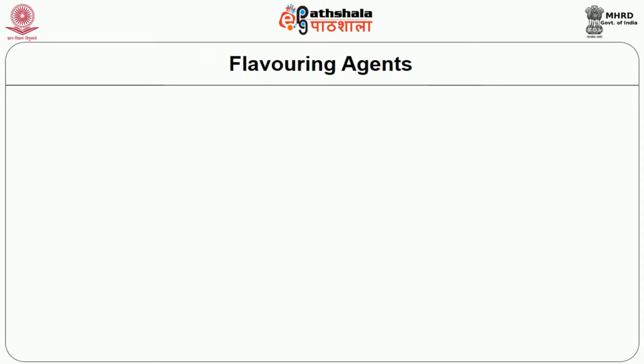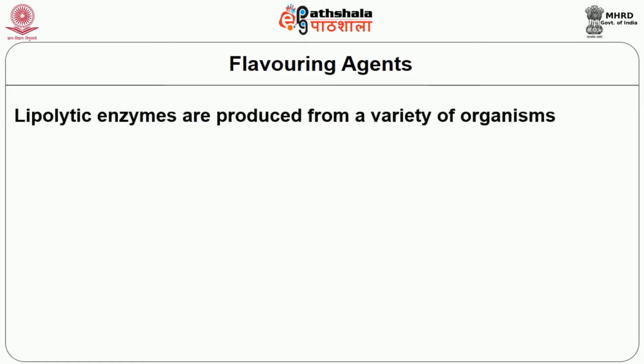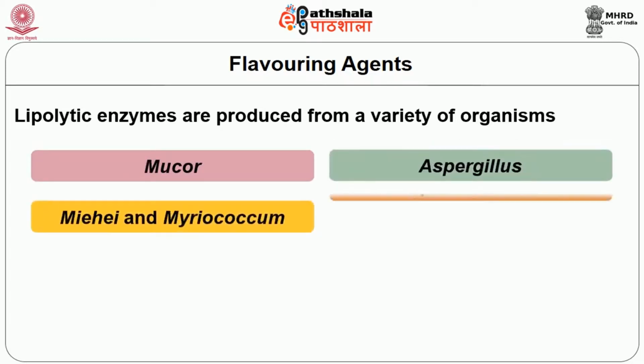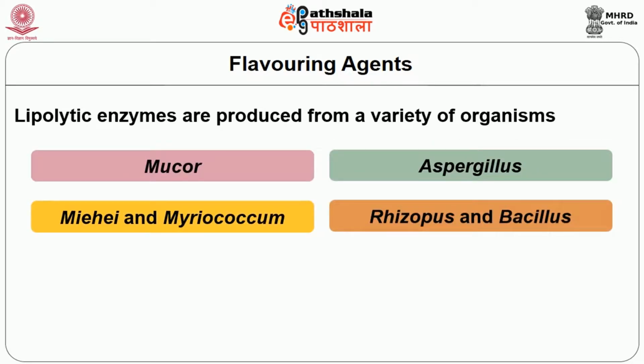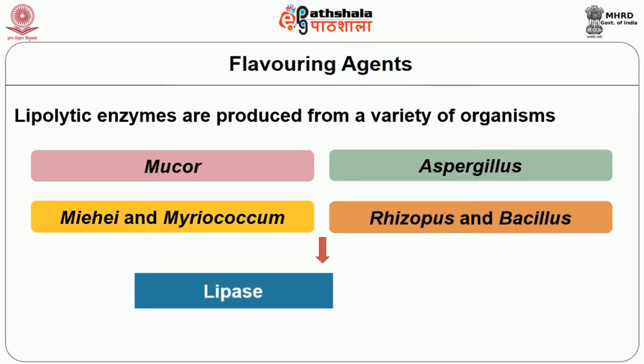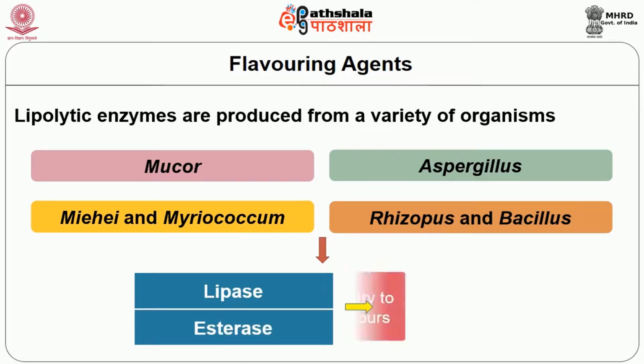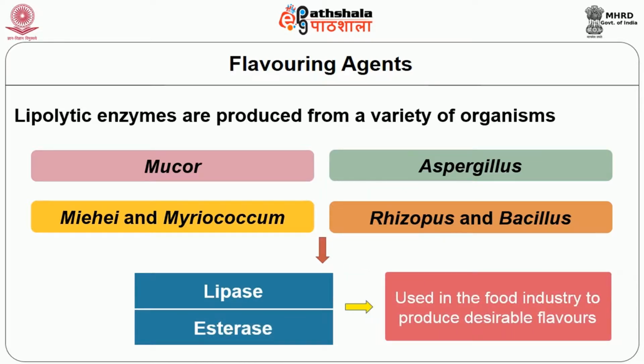products. Flavoring agents, that is lipolytic enzymes, are produced from a variety of organisms including Mucor miehei and Mucor pusillus, Aspergillus, Rhizopus and Bacillus species. These preparations have both lipase as well as esterase enzyme activities and are used in the food industry to produce desirable flavors in cheese production.